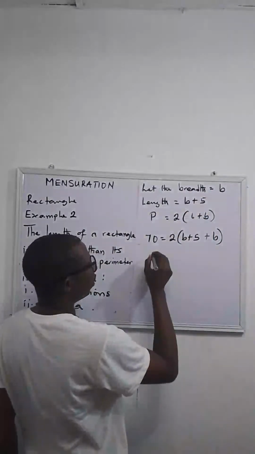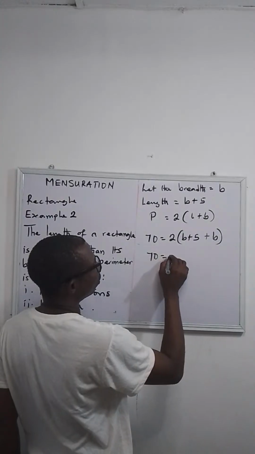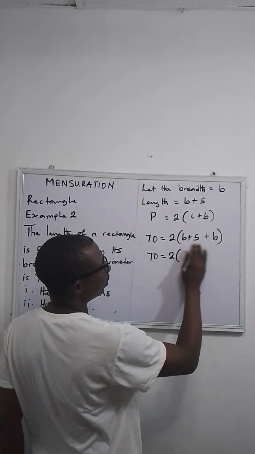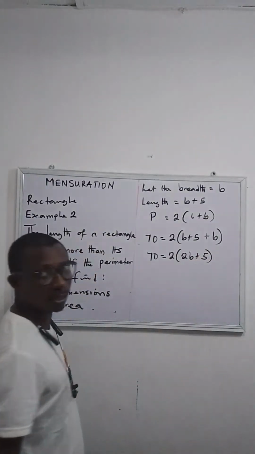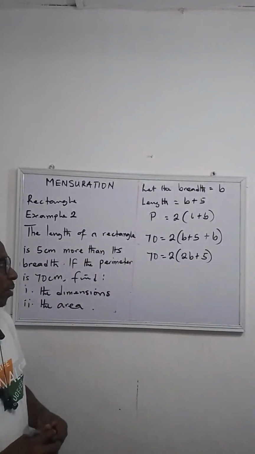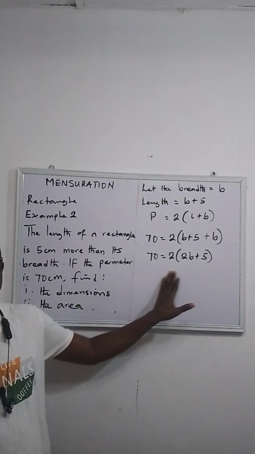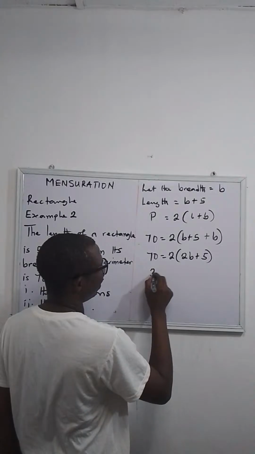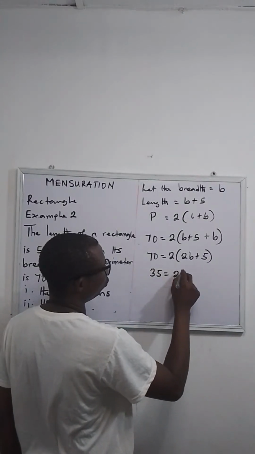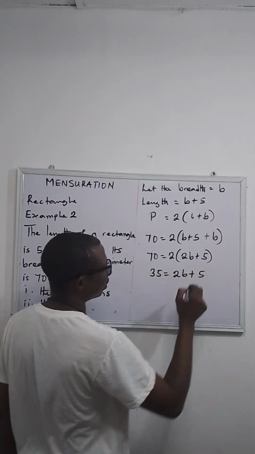Okay, so now we have 70 equals 2 open bracket, now we have 2b plus 5. Can you see that now? So here you can divide both sides by 2. When you divide both sides by 2, we have 35 equals 2b plus 5.